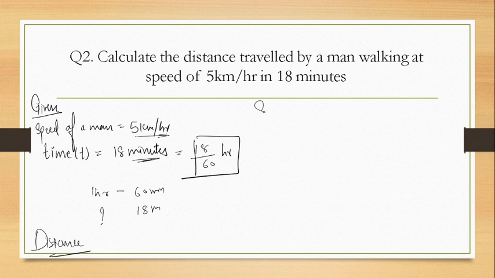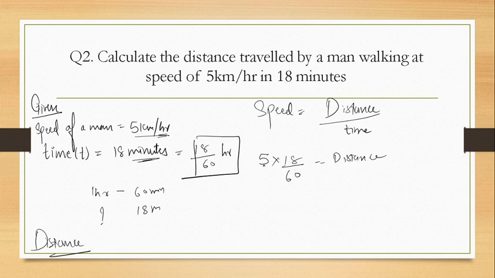So you know the formula, speed is equal to distance upon time. So speed into time is distance. So 5 into 18 by 60 is equal to distance. If you just check, this is 5, this is 12, 3 4s are 12, and 4 1s are 1.5.